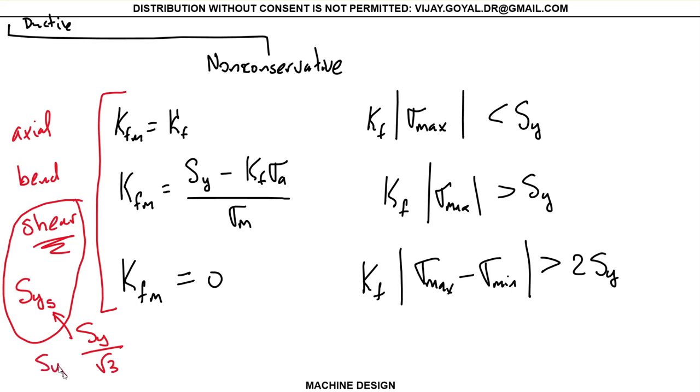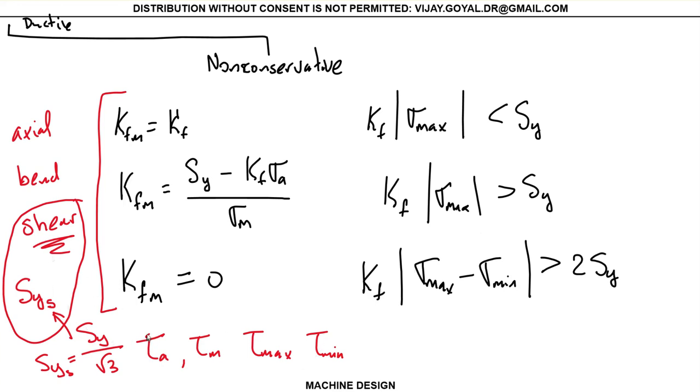That will be the sigma shear that we will be using in the problems. Because in the case of pure shear, you really have tau A, tau M, tau max, and tau minimum, where you replace all these values only in the case of shear.